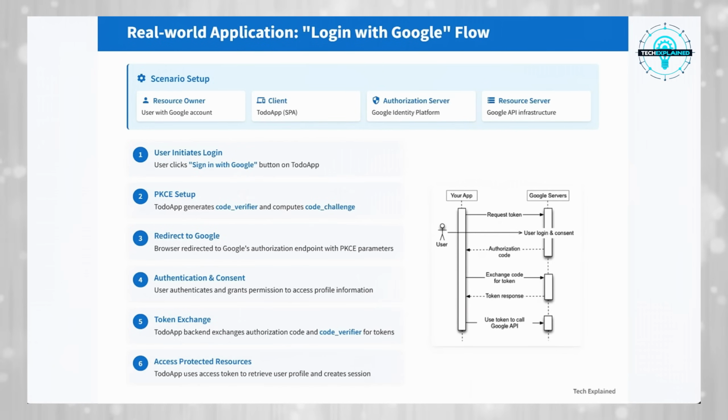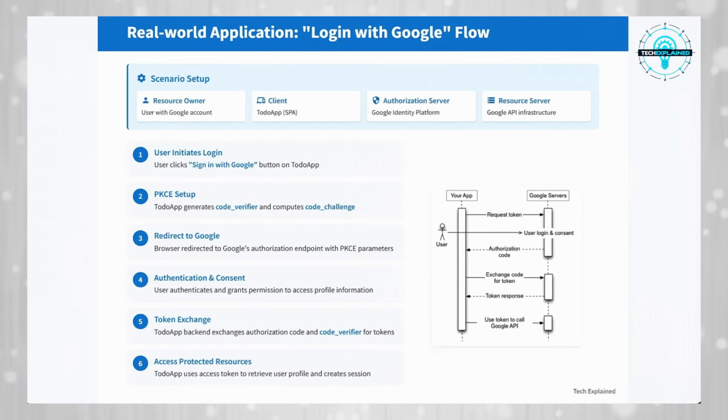This URL contains several critical parameters, including response_type equals code, To-Do app's client ID, a redirect URI, the requested scope like openid email profile for identity information, a random state parameter for CSRF protection, and the PKCE parameters.